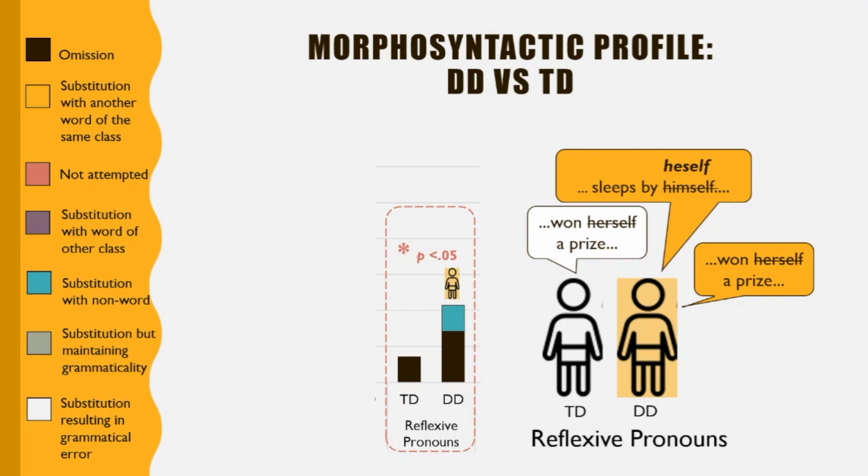And I have to say that for all of the children that I tested, all the dyslexic kids made this error, where they substituted himself with he-self. And when I checked this with Simman, who tested the typical kids, she told me that none of the typical children make such an error. So it really is an error that is just specific to the group with dyslexia.